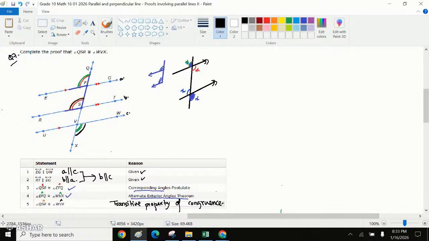And we can also say transitive property of congruence. Okay, why congruence? Because if this angle was equal to this, and if this angle was equal to this, okay, I'll write it down.